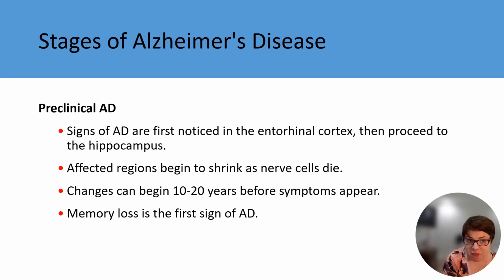Signs of Alzheimer's disease in terms of the neural substrates begin in an area of the brain called the entorhinal cortex and then progress to the hippocampus. The entorhinal cortex is an area of the medial temporal lobe, and its functions include being a widespread network hub for memory, navigation, and the perception of time.